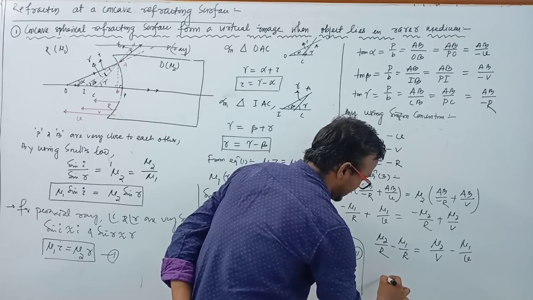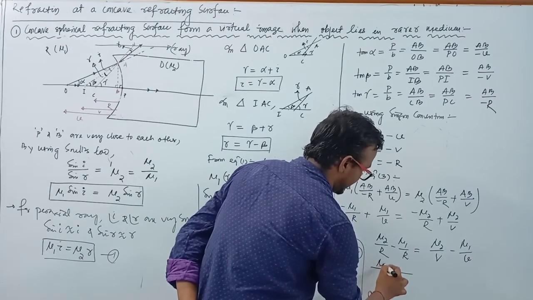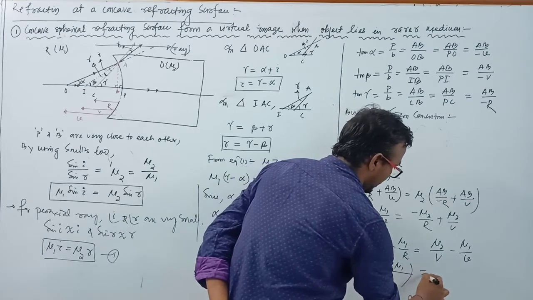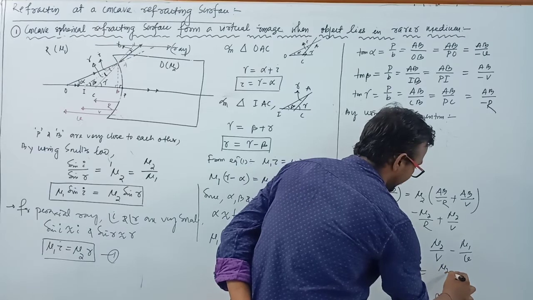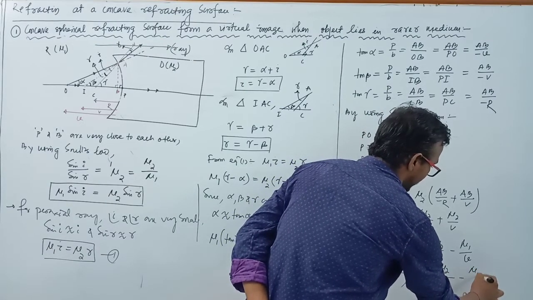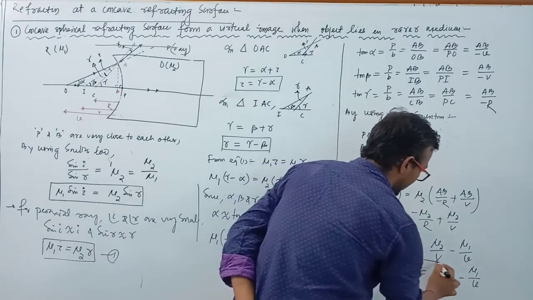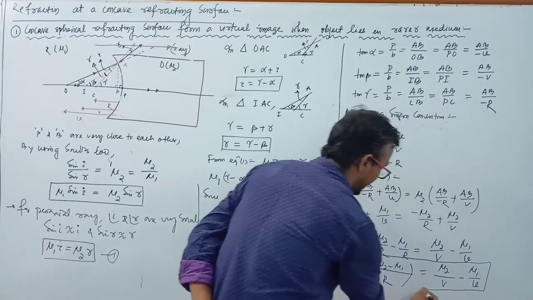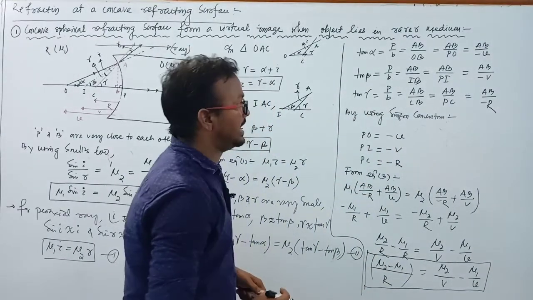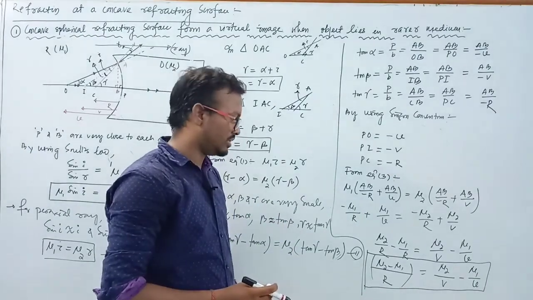If you take LCM R, then this relation is mu2 minus mu1 equal to the refractive index of the second medium divided by V minus mu1 by, and this is the required formula for a concave refracting surface when the object lies in the rarer medium, and this is a virtual image.